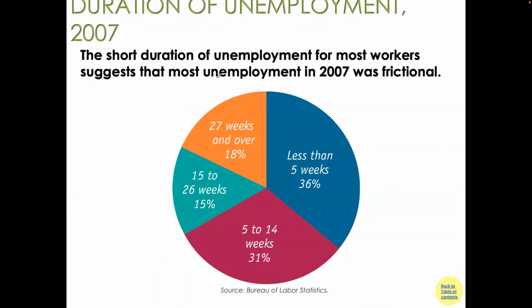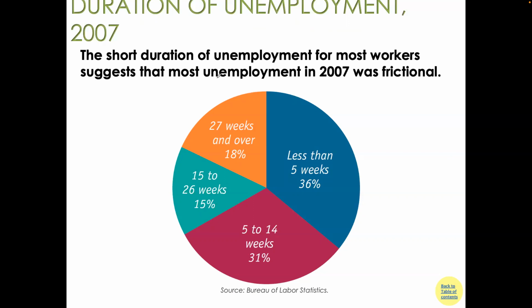This is frictional unemployment. Now, if we look at the unemployment number, and if we look at the duration of unemployment, then we have a sense of who is classified as frictional. Usually, the shorter the duration of the unemployment, the more likely it is frictional.